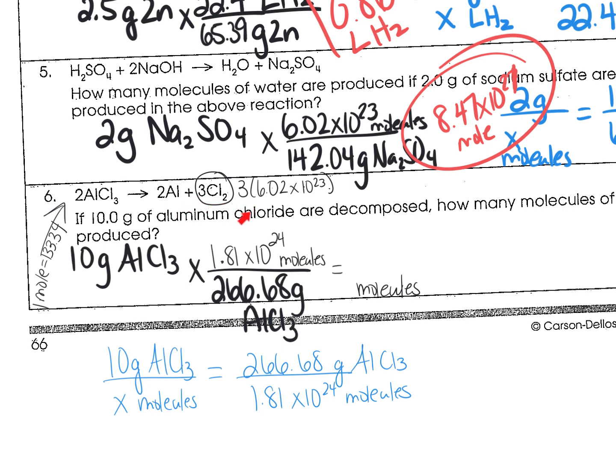So I'm going to have to do 3 times 6.02 times 10 to the 23rd, which is 1.81 times 10 to the 24th molecules. So remember, this comes from the balanced equation. I have to calculate it, and that will give me an answer of 6.79 times 10 to the 22nd molecules. And in blue down here, I do have the setup for the cross multiply method.